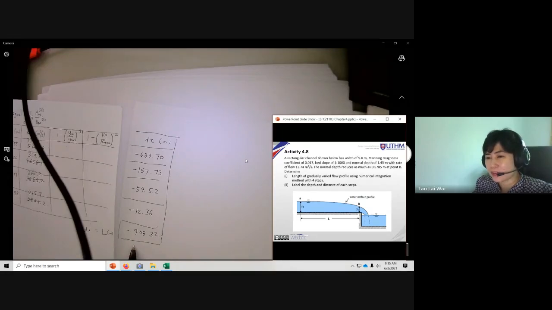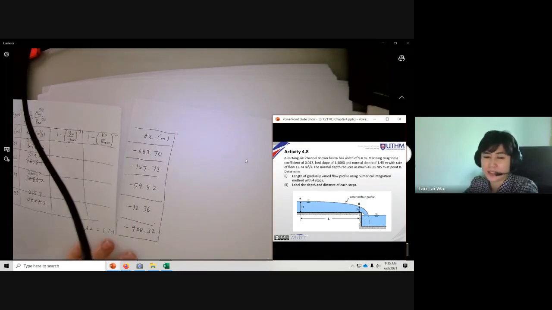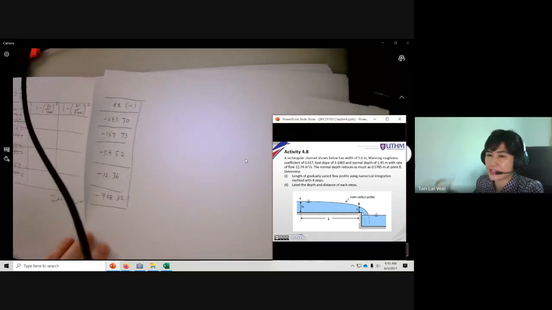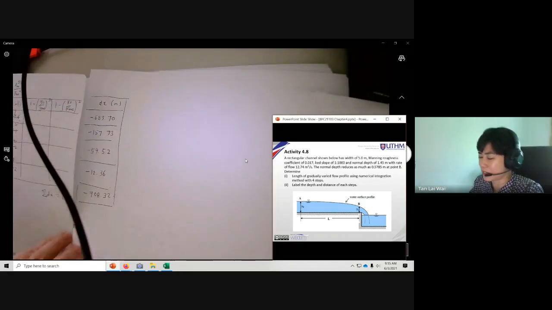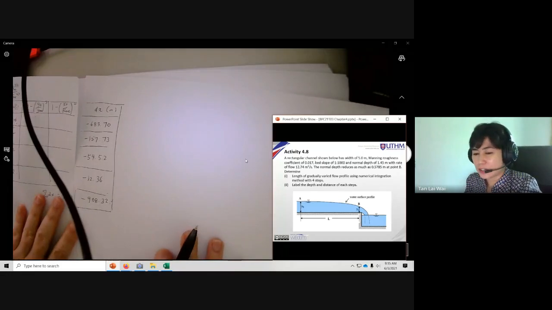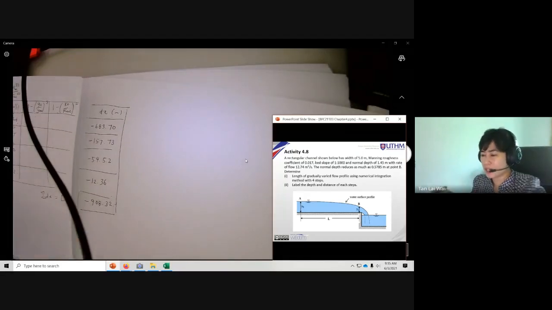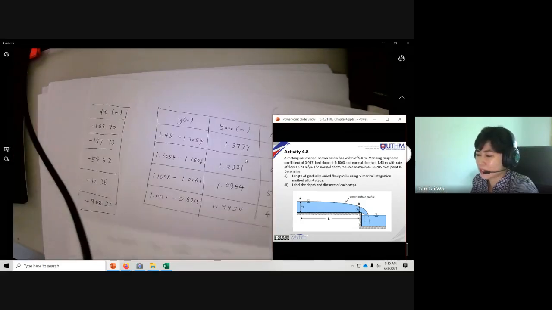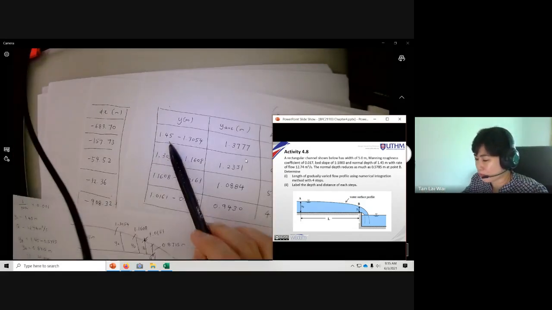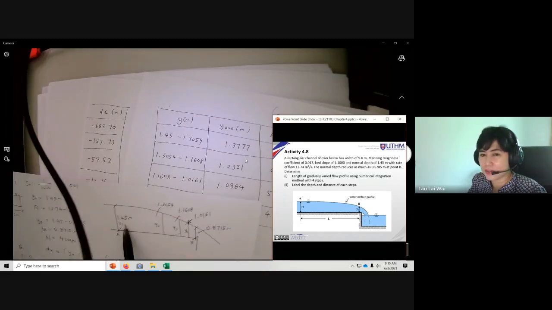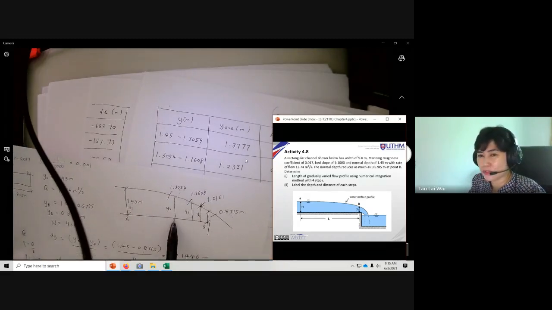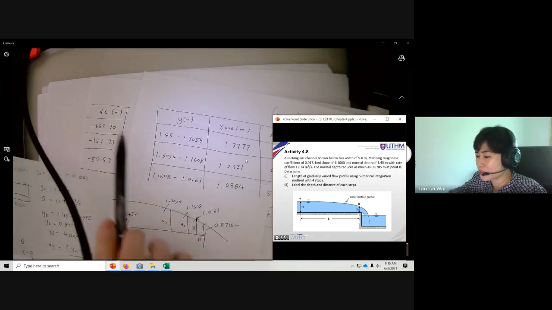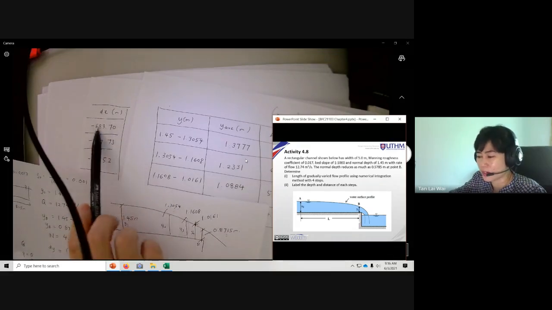So the next part of the question says label the depth and distance for each step. So I'm going to redraw this. Oh, I have the paper here. This is our earlier sketch, right? You see between 1.45 and 1.305, the distance is 600, almost 700.